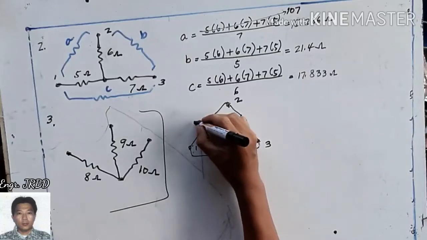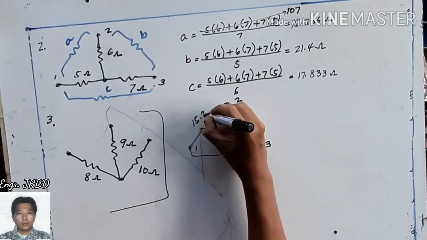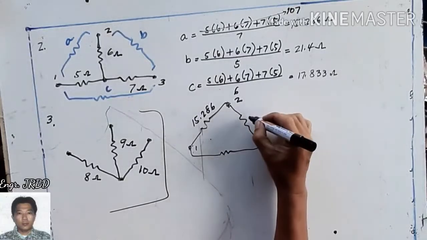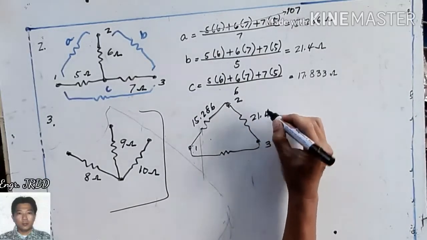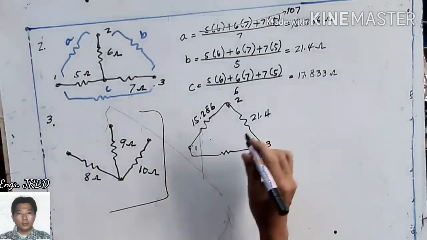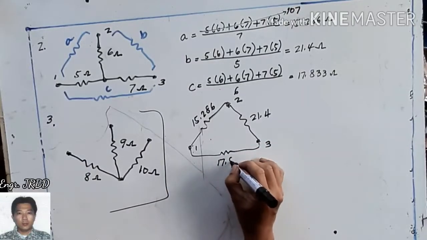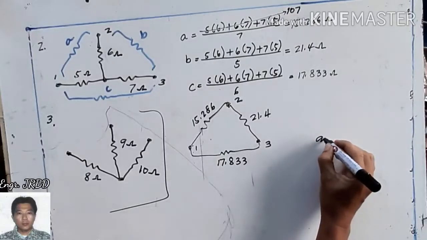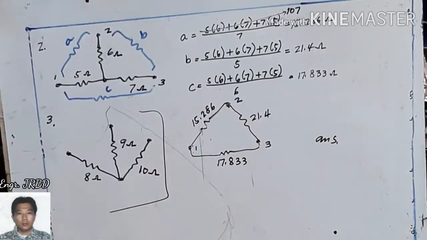That is your A, so this is 15.286. This is your B, so this is 21.4, and we have there your C, that is 17.833. This is the equivalent delta of the given Y connected resistors.